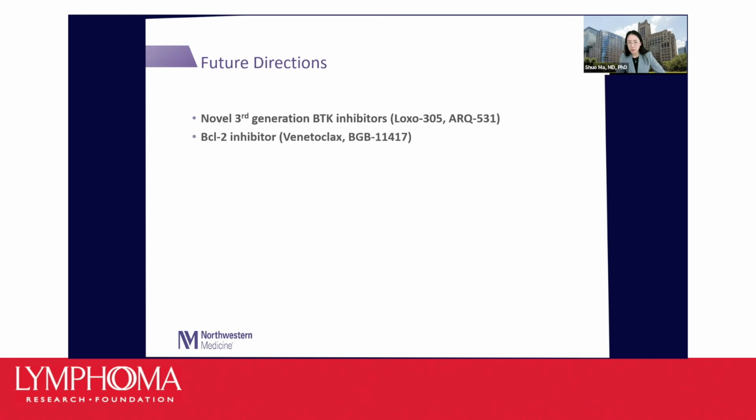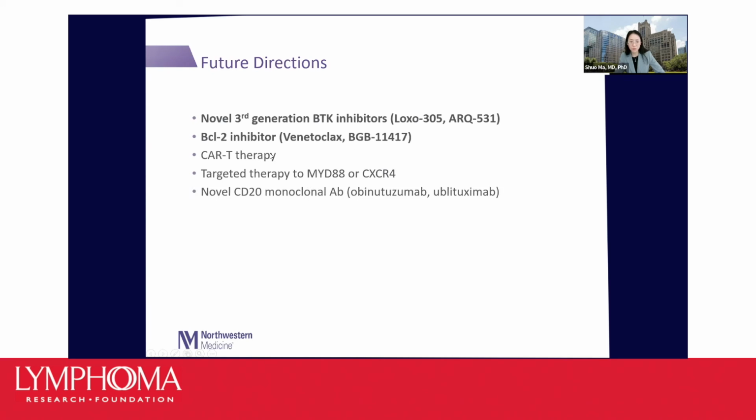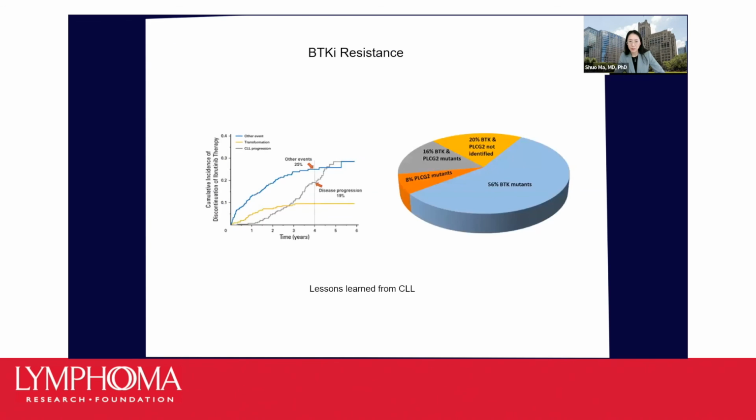So it's very promising to see that the third generation BTK inhibitors are able to help overcome that resistance. And then the BCL2 inhibitor, venetoclax, I'll touch on very briefly, and then I'll also touch on the CAR T. You can see there are a lot of novel agents being studied in Waldenström's.